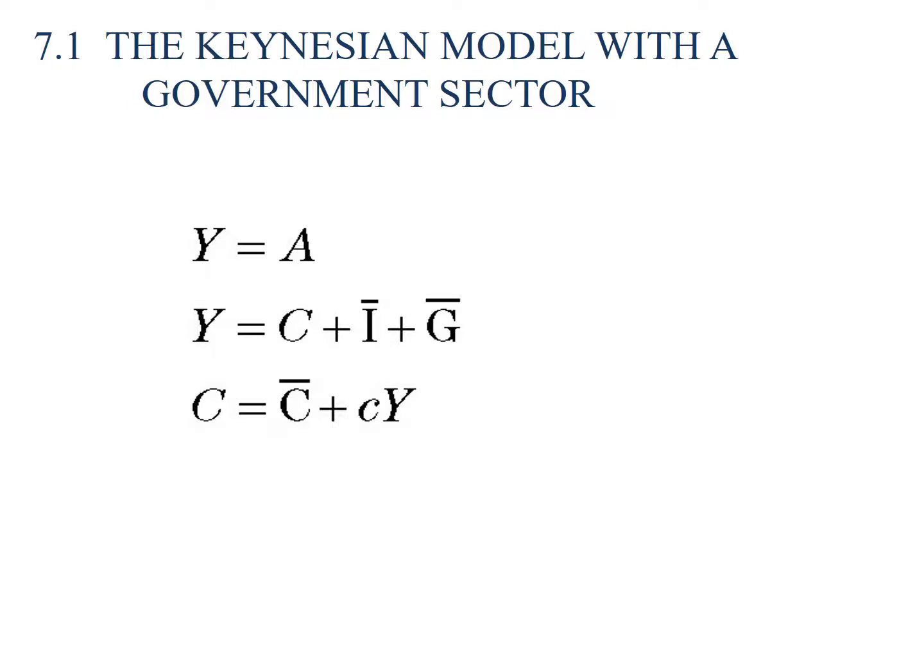The only difference is that now, instead of having autonomous expenditure as C plus I, we have added a G in the equation.